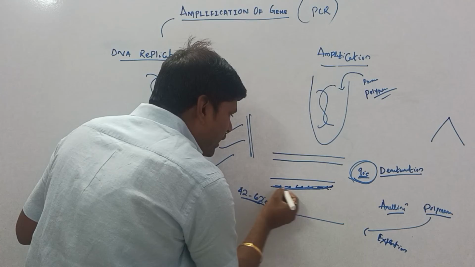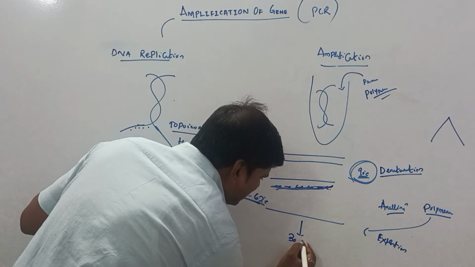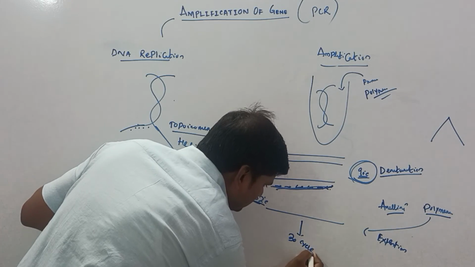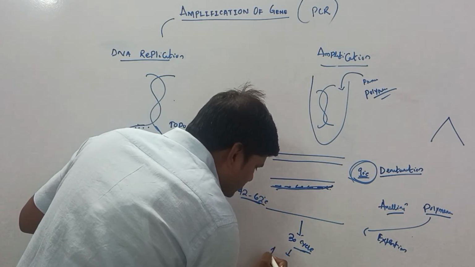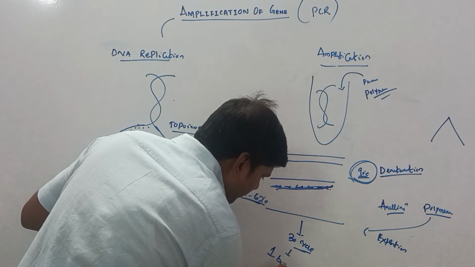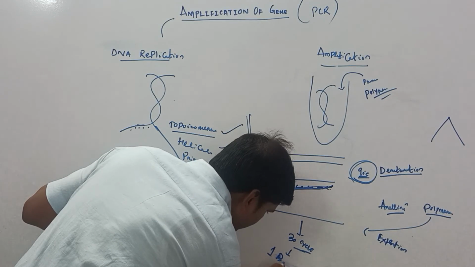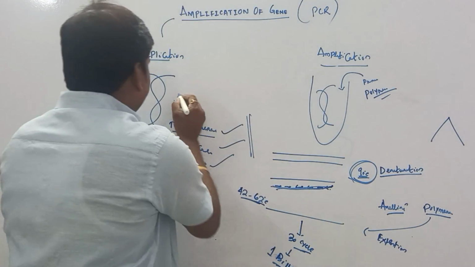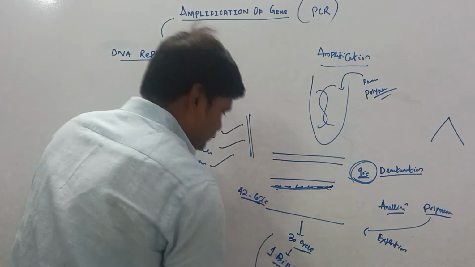Similarly, there are n number of cycles, normally 30 cycles. At the end of 30 cycles, billions of copies of my target gene sequence will be there inside the test tube.